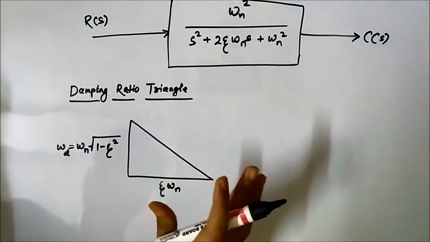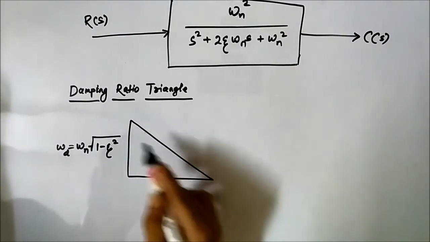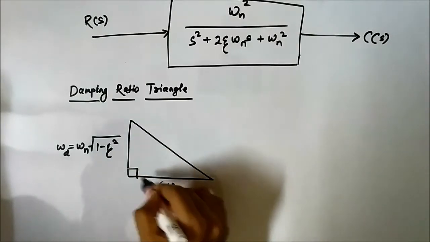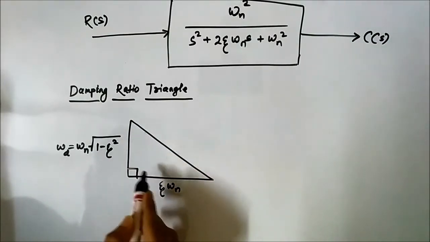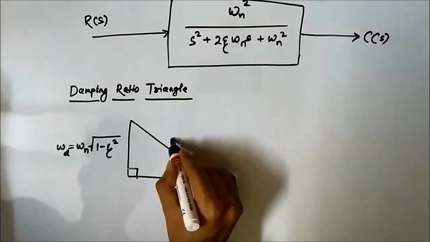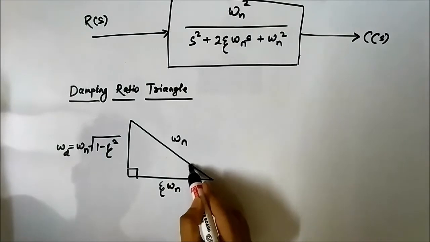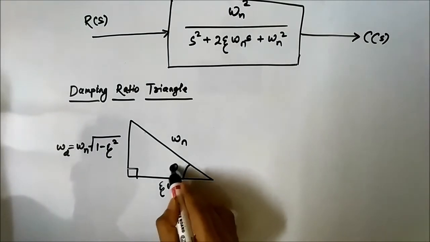Using Pythagoras theorem, the hypotenuse, the root of the sum of squares of these two sides, will be simply omega n, and this angle is phi.